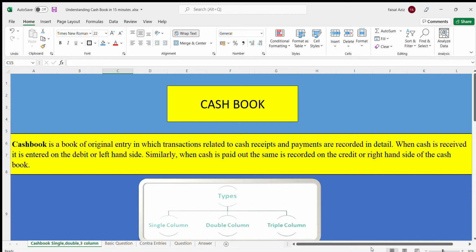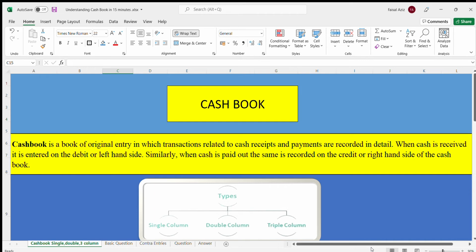A cash book is a book of original entry in which transactions related to cash receipts and payments are recorded. Viewers, there are two sides of a cash book, the left hand side and the right hand side.